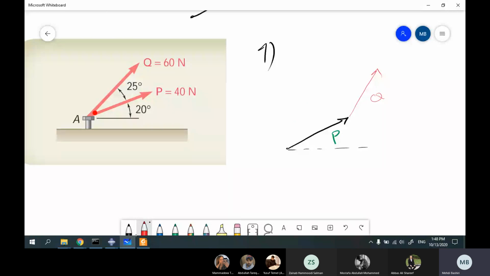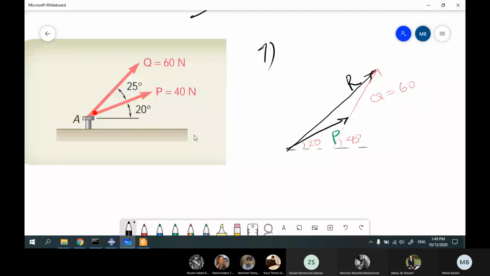So this is our Q with the magnitude of 60 and the direction of 45. This direction is 20. What is the summation now? This is the summation, R.